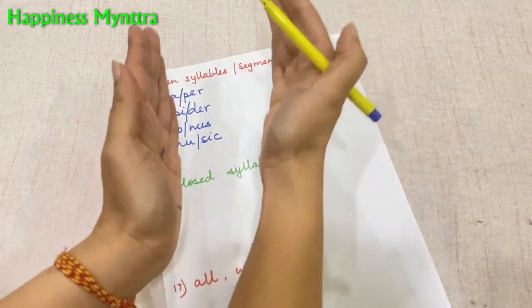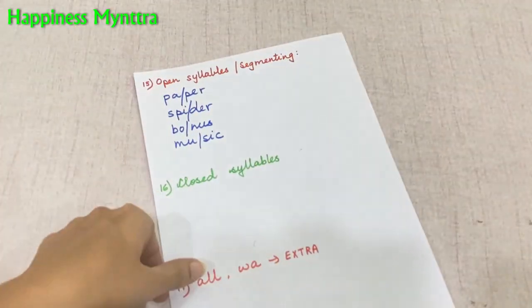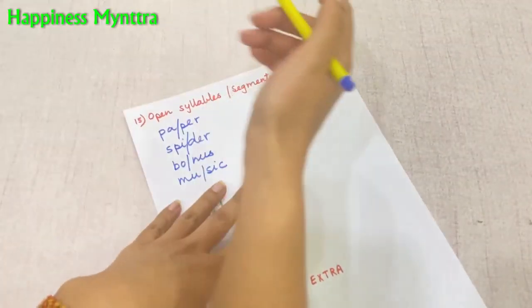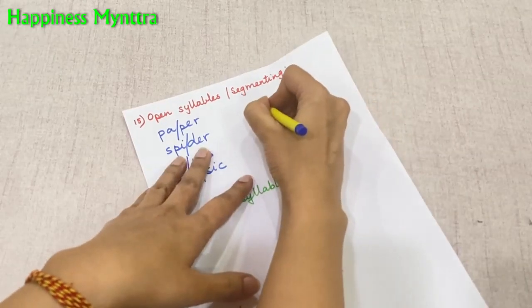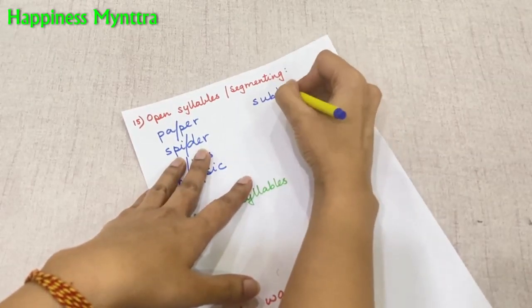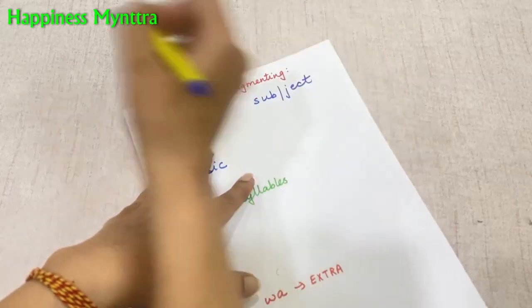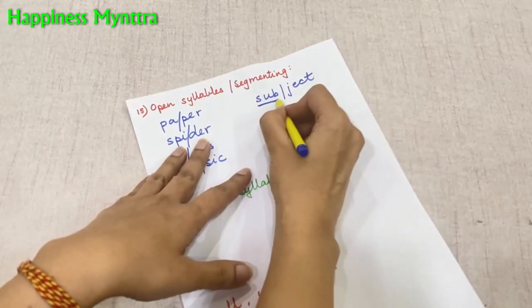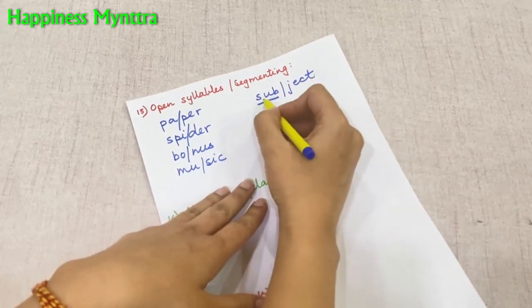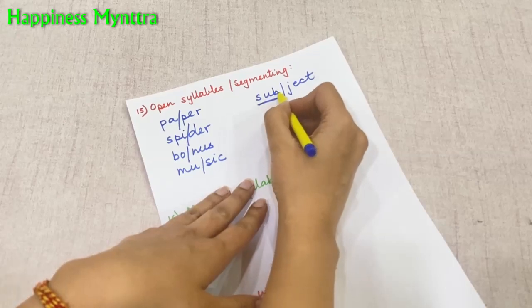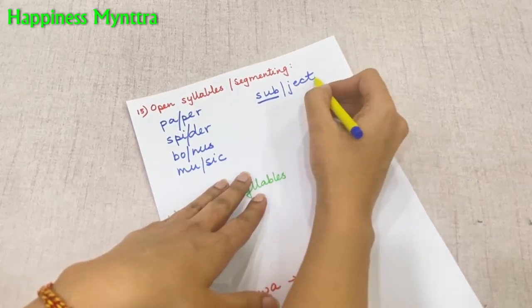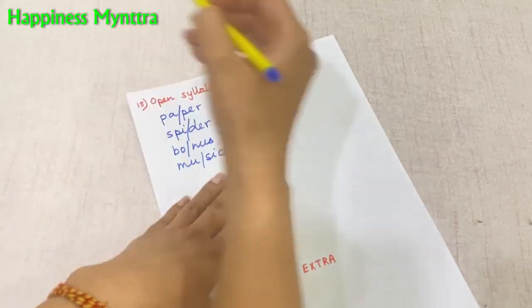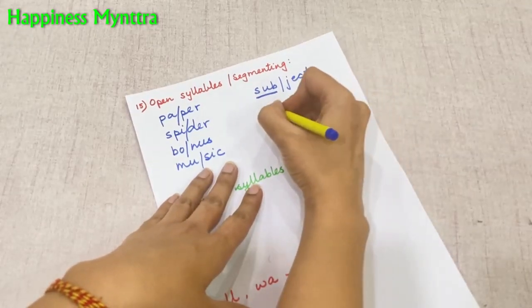But if the words are split as closed syllables, then the basic rule applies. So subject. Here sub is a closed syllable. So it'll be sub and ject. So subject. Velvet.